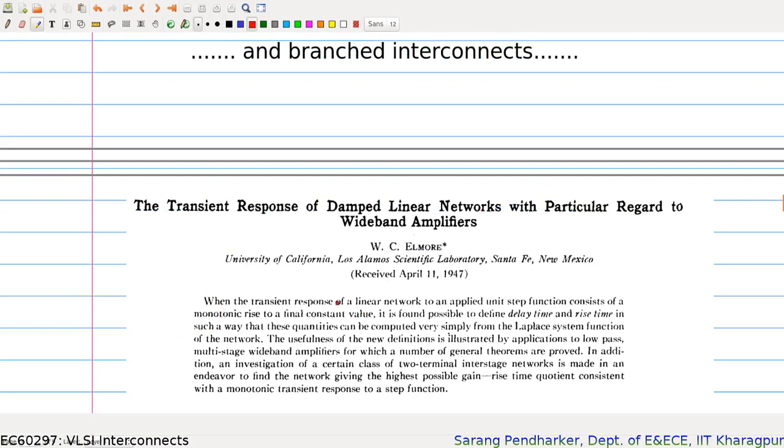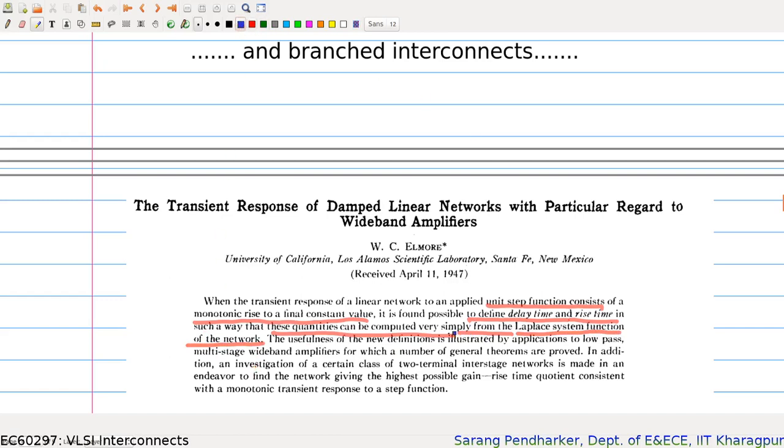So in the abstract, Elmore says that when the transient response of a linear network to an applied unit step function, so the input is unit step function, and the output, that is the transient response, consists of a monotonic rise to a final constant value, it is found possible to define delay and rise time in such a way that these quantities can be computed simply from the Laplace system function of the network.